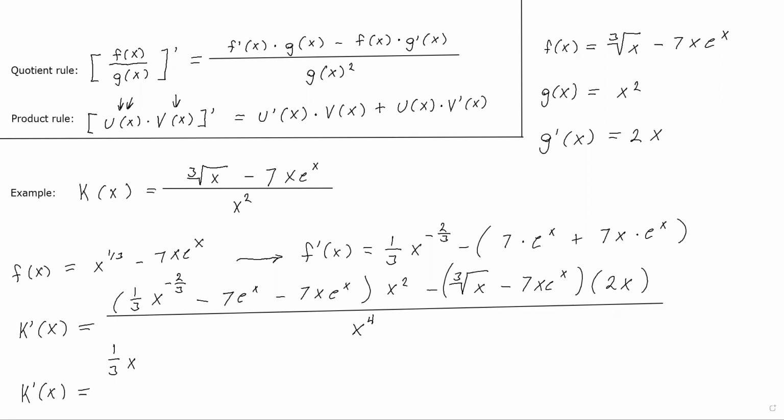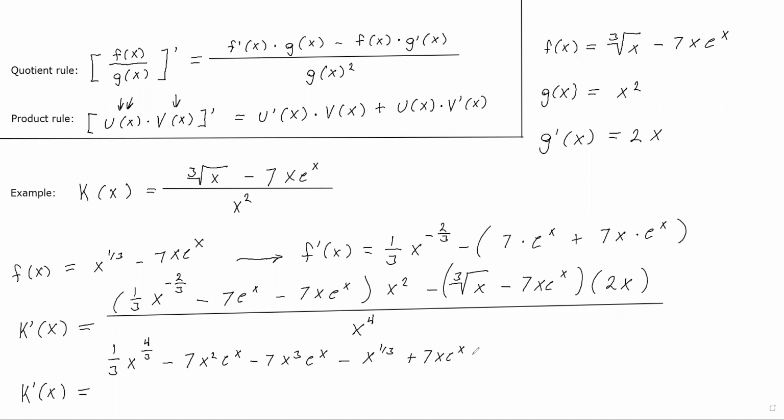So we wind up with 1/3 x to the 4/3, because we're multiplying this x squared into everything, minus 7x squared e to the x, minus 7x to the 3rd e to the x, minus cube root of x, which I'm just going to write as x to the 1/3, just for consistency's sake, plus 7x e to the x.